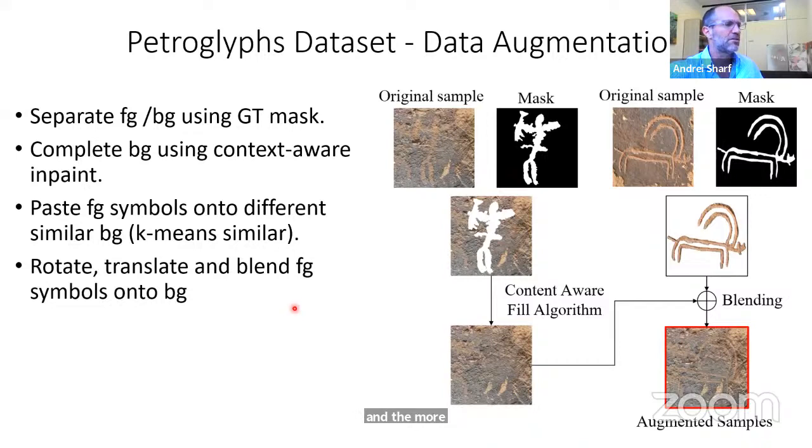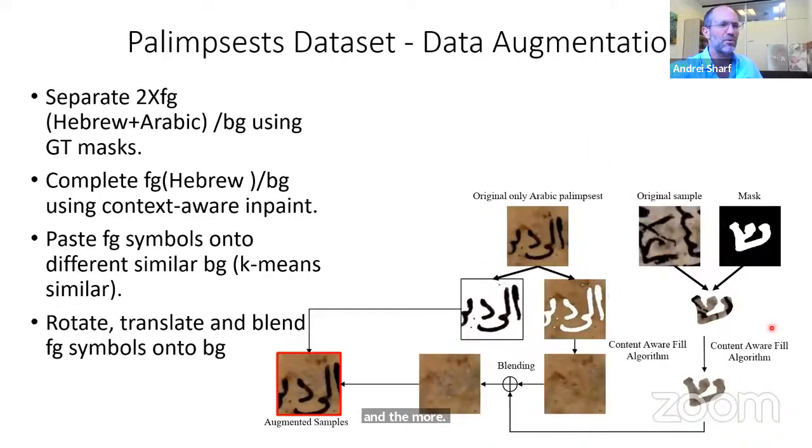For the palimpsests, it was harder because here we have not only one foreground and one background, we have several foregrounds. We have several handwritten symbols that we need to separate. So we have three separations. One is the original, the initial letters that we try to reconstruct.